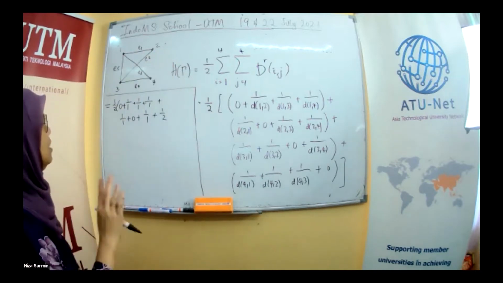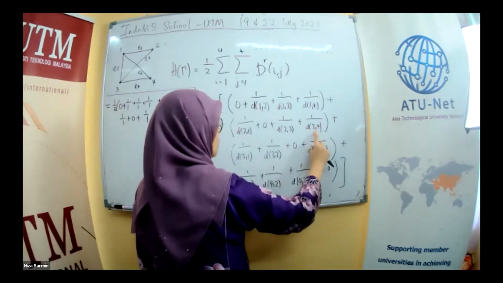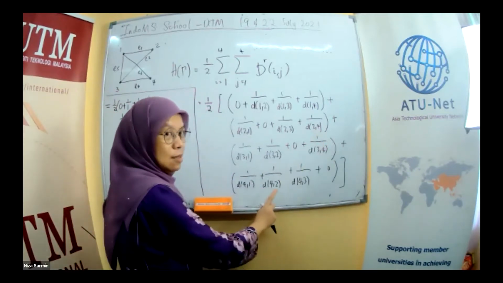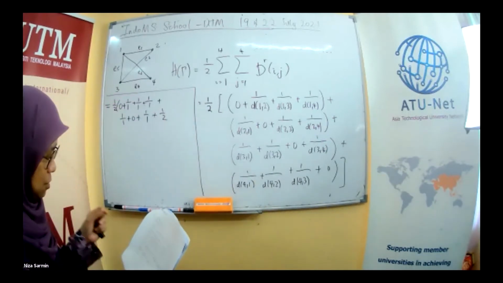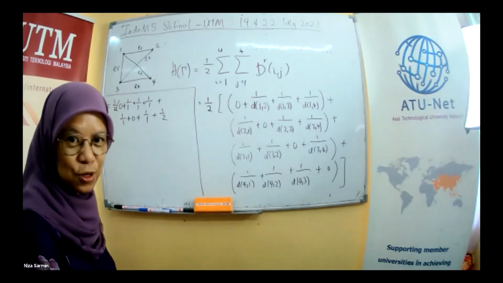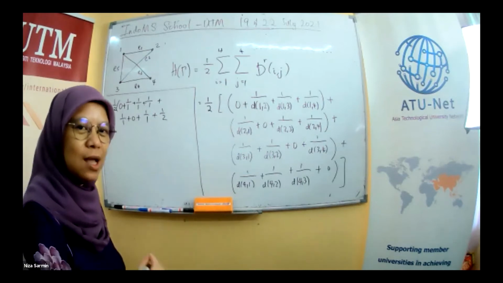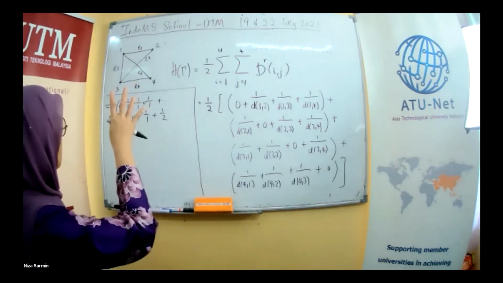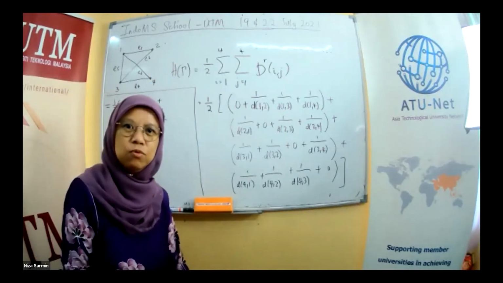The others are all connected, so you only watch out for 2,4 and 4,2. The others are all ones, so you can do it quickly, you don't have to do it one by one. You just look at the one that is missing, where you have to do 1 over 2.